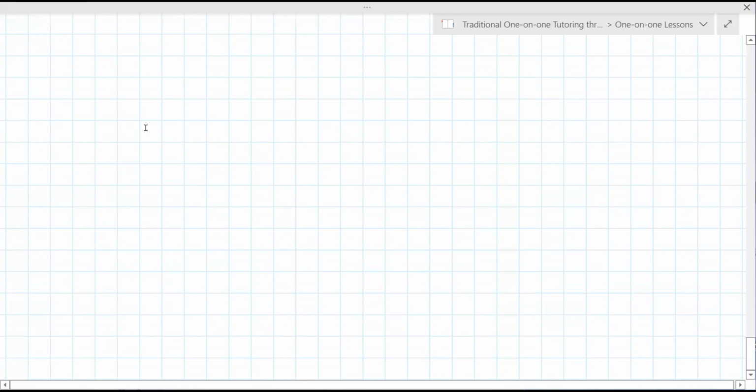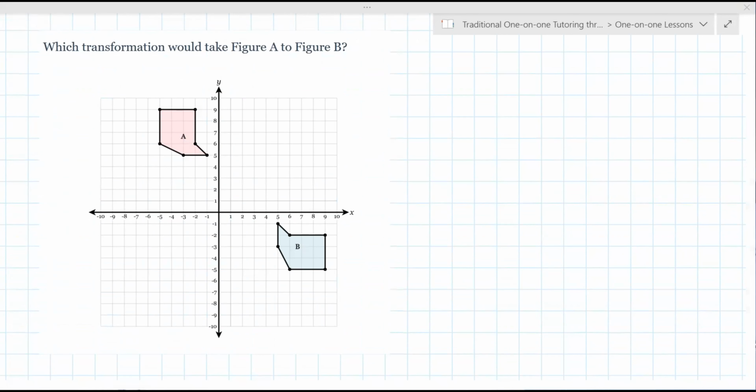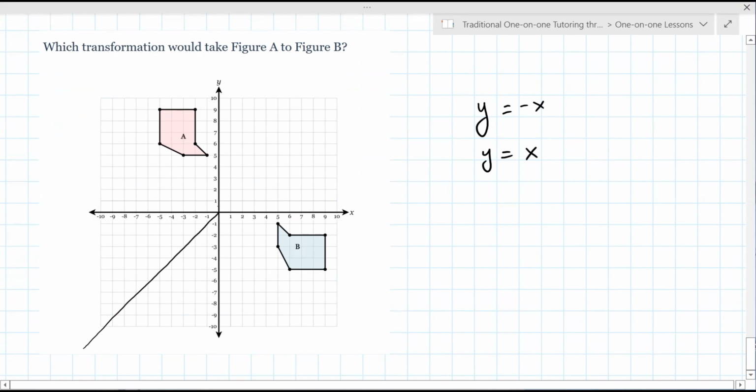Okay, so the next one here, it's like, what's the transformation? And they give you options. Sometimes the options help. One of the options is y equals minus x, y equals x. Oh, they actually do clockwise rotation and counterclockwise. Interesting. Okay. So this is where maybe we should draw the line y equals x.